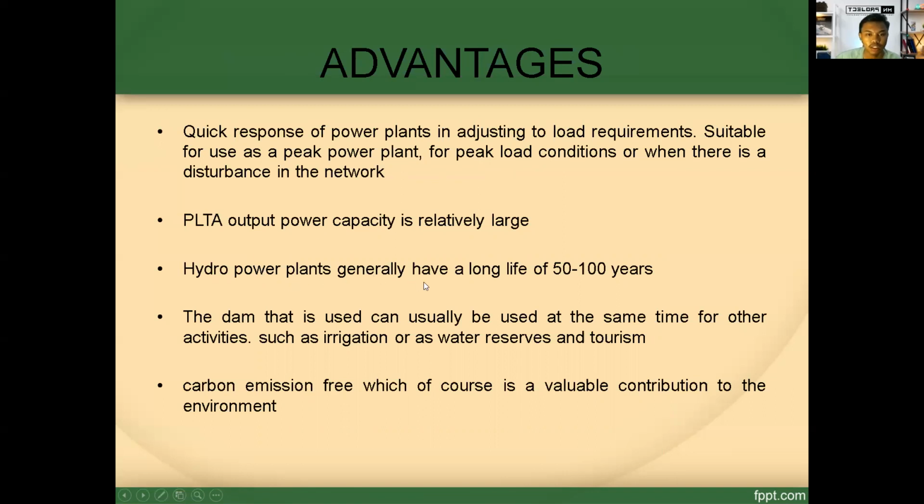Hydropower plants generally have a long life of 50 to 100 years. The dam that is used can usually be used at the same time for other activities, such as irrigation, water reserves, and tourism. Last, carbon emission free, which of course is valuable for contributing to the environment.